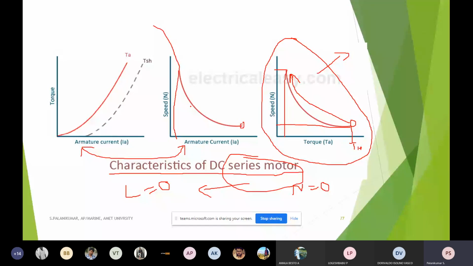For electric vehicle application, there is definitely a dead weight, so earlier they identified it as suitable for this reason. At no point of time is this motor going to be lightly loaded.